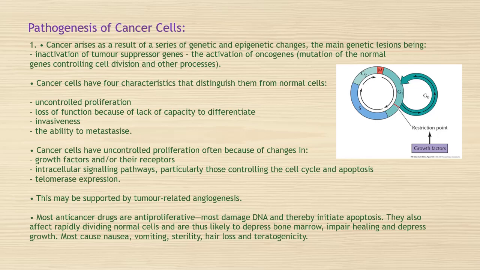Now, this process of development of new blood vessels only to cater to the needs of the cancerous tissue is called angiogenesis. This occurs in response to vascular growth factors which are produced by the growing tumor.